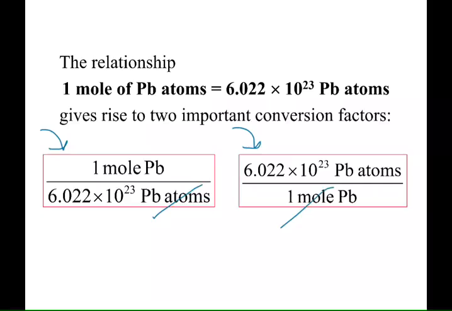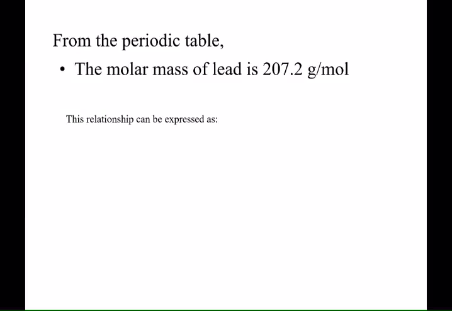Okay. So we also need to use the molar mass of lead. From the periodic table, and I'm not sure why this is, but the molar mass of lead only gives it to the nearest tenth of a gram per mole. So it's 207.2 grams per mole.